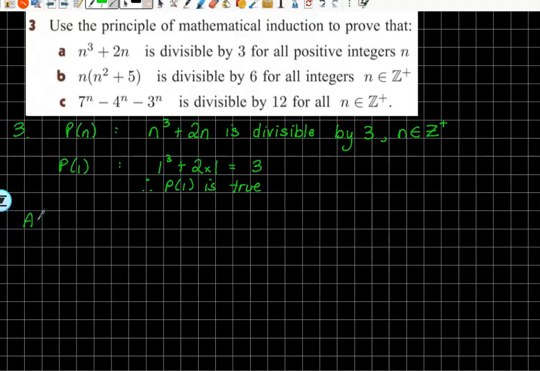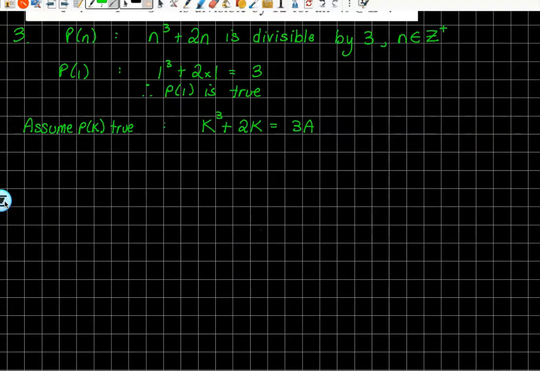What did we then go with? Right, assume P(k), so we end up with k cubed plus 2k equals 3a, where a is any integer.